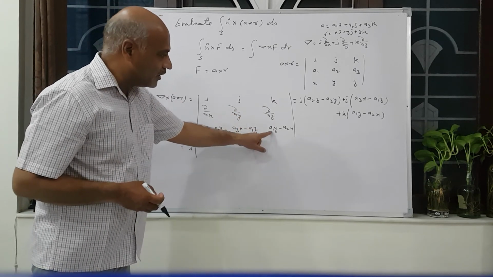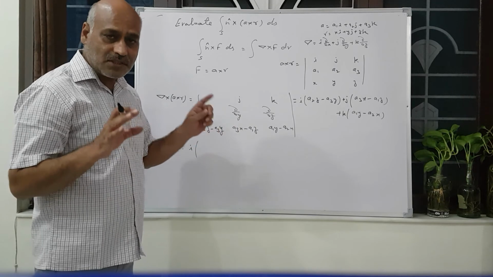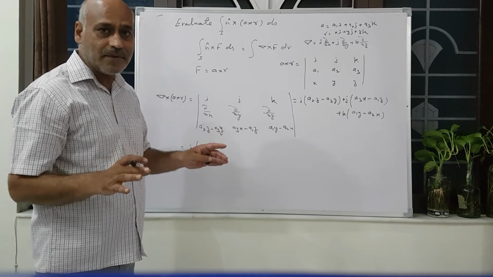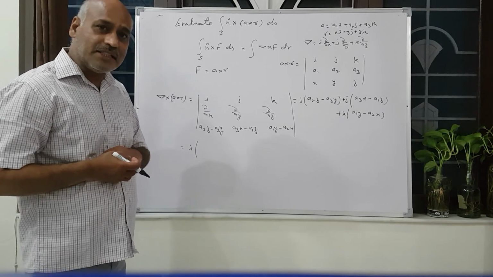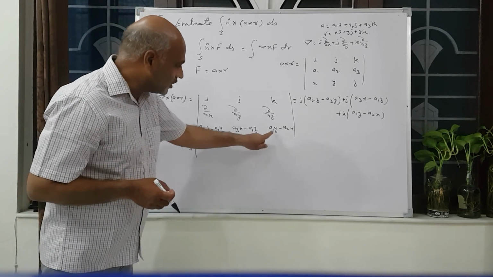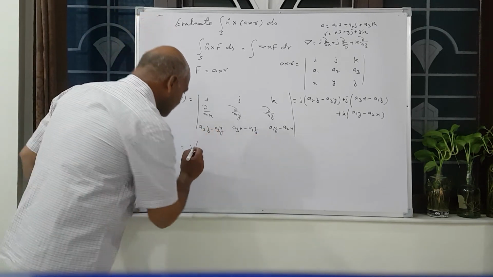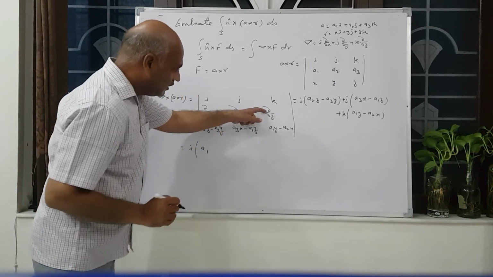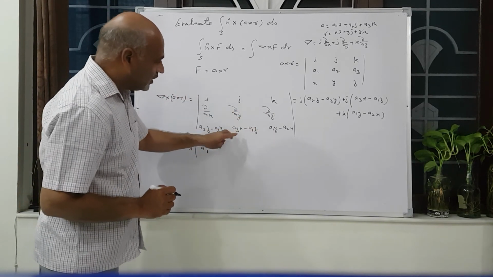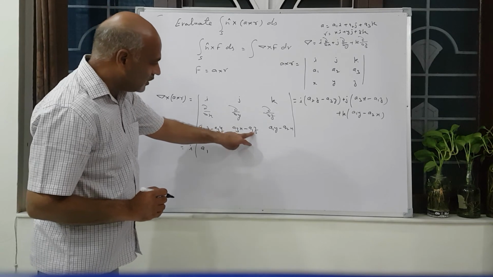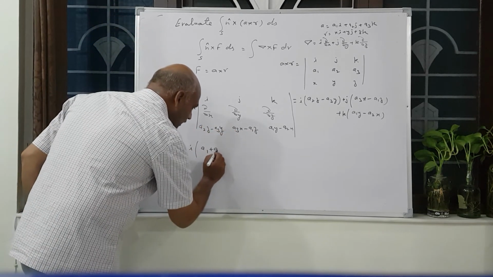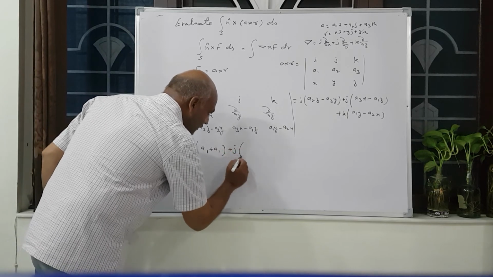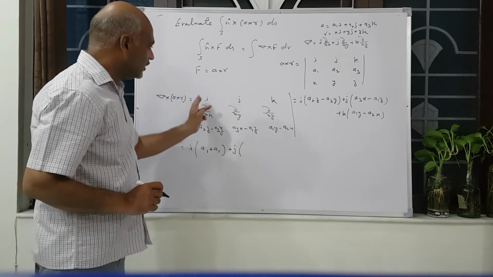So del by del y, partial differentiation with respect to y, x and z remain constant, meaning the derivatives with respect to x and z are 0. So only this one remains: this minus this. Z with respect to y becomes 0 and this becomes minus A1, so minus minus plus A1 i. For j, this and this have gone.